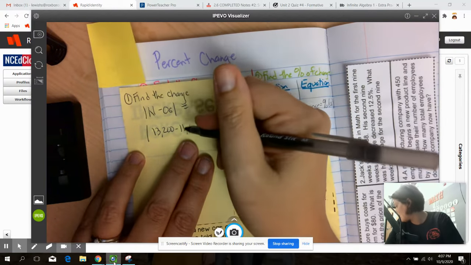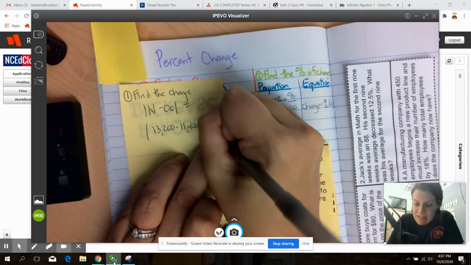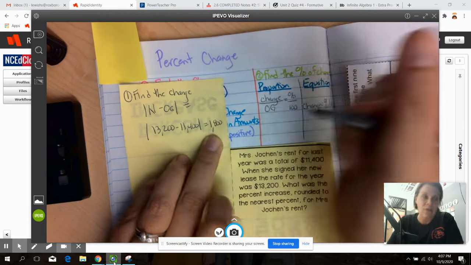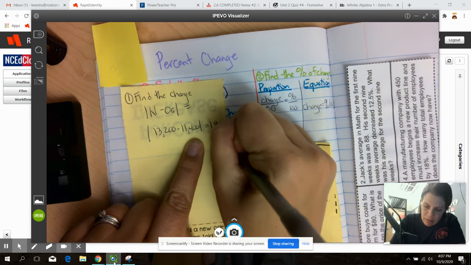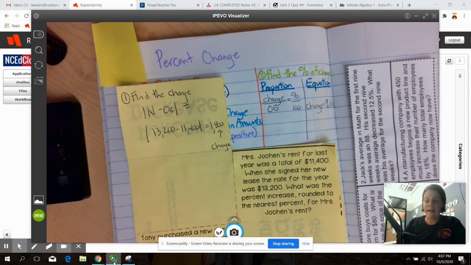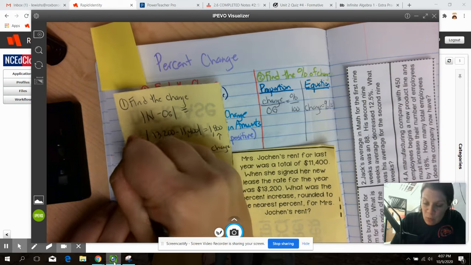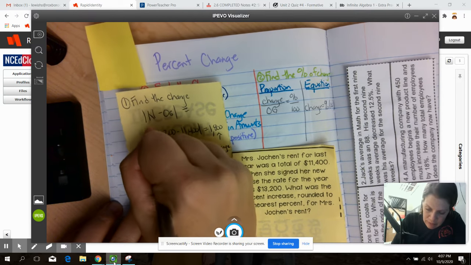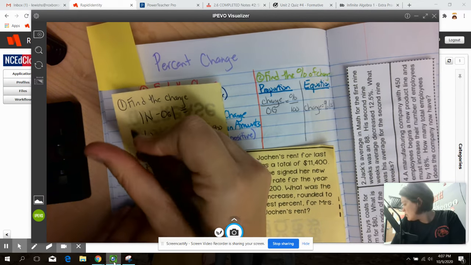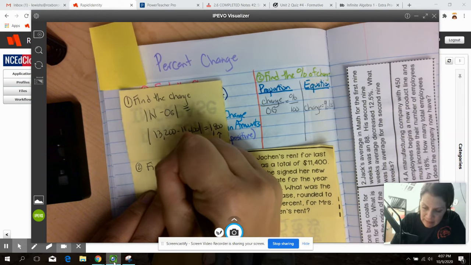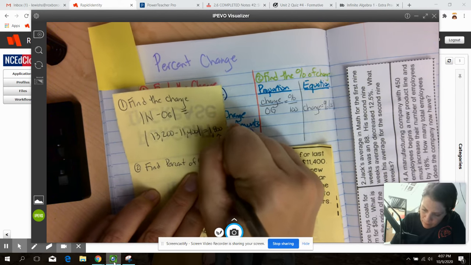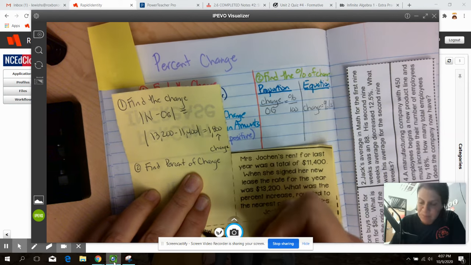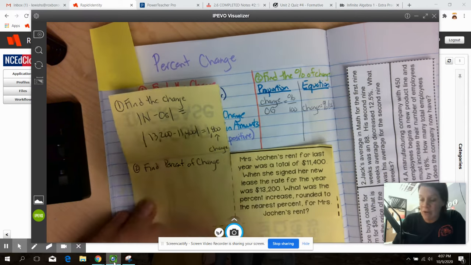When we subtract that, we're actually going to get a positive $1,800. This is your change. Then we're going to find the percent of change. Y'all know how I'm going to set it up.